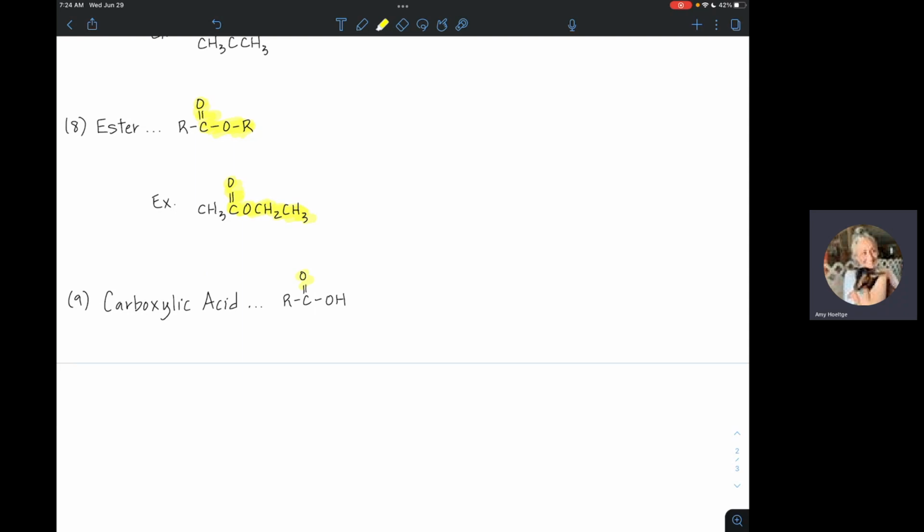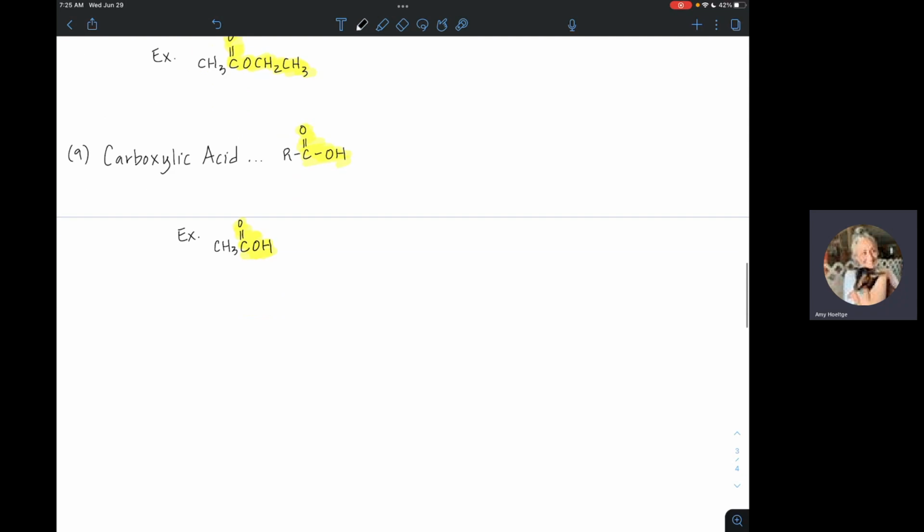And that hydrogen is our acidic hydrogen. So, for example, we have acetic acid, and this is the piece that makes it a carboxylic acid.